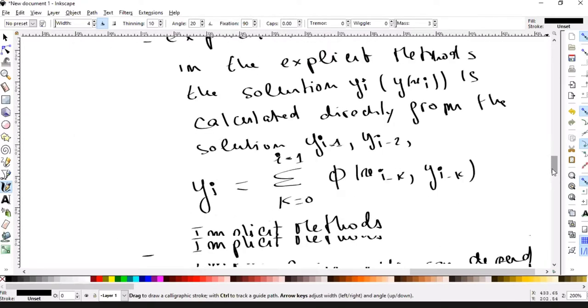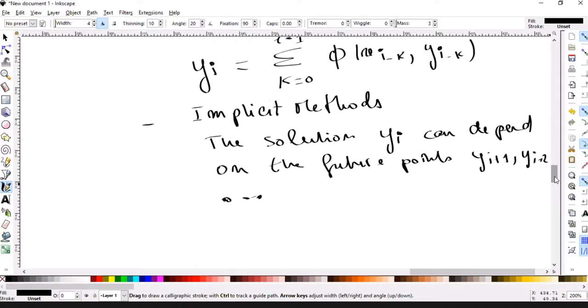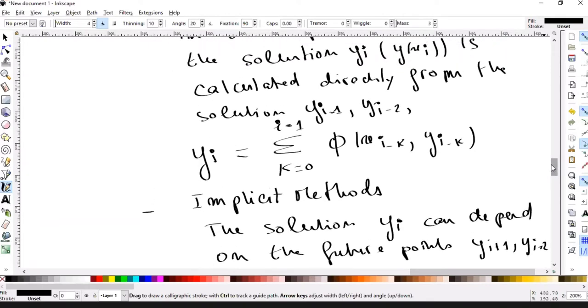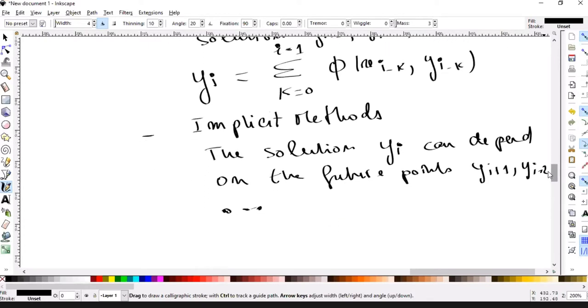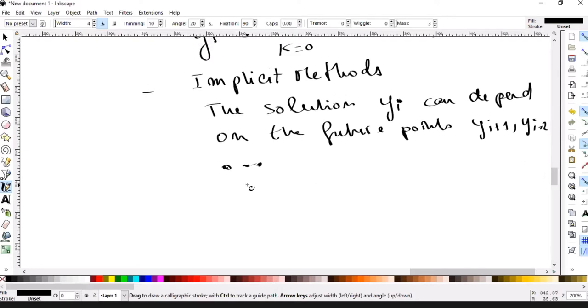So in this case, you cannot derive these points directly. You need to solve a nonlinear, or a system of nonlinear equations.